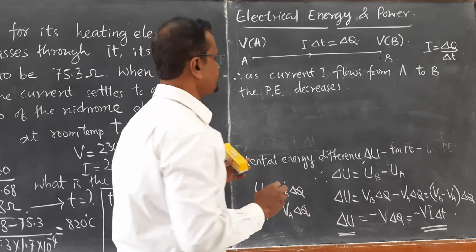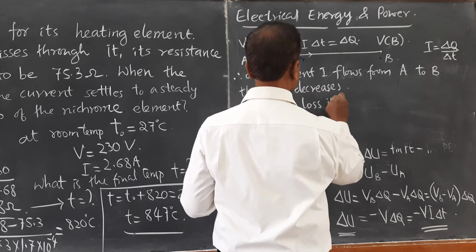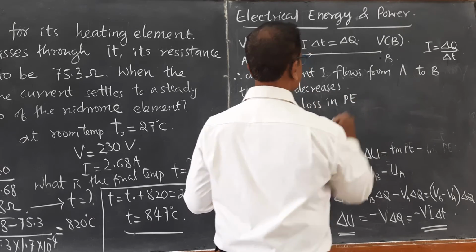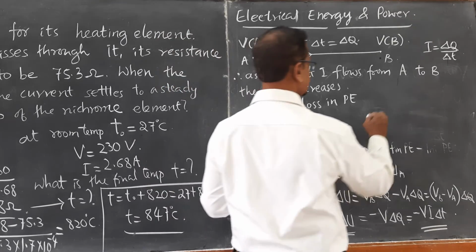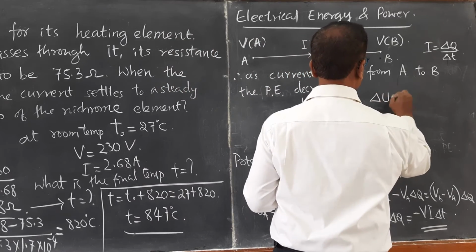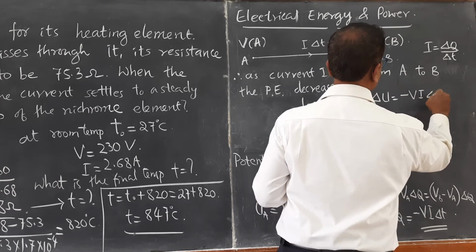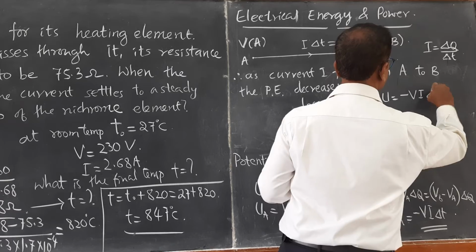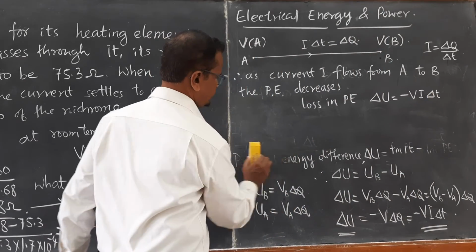There is a decrease in potential energy. So, that decrease in potential energy is nothing but loss in potential energy. Delta U is equal to minus VI delta T. This is what we have calculated, right?